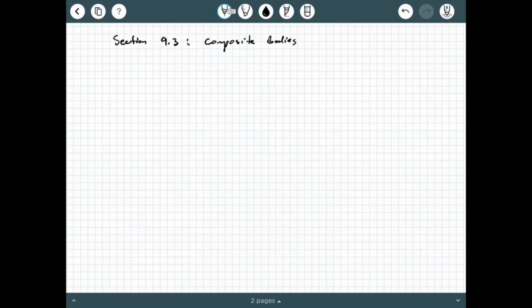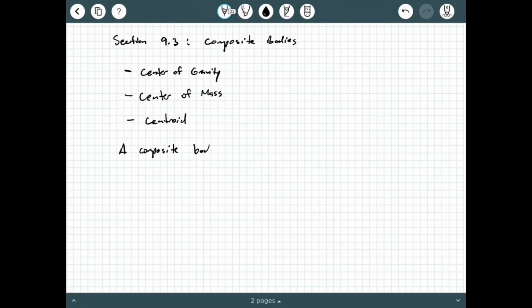Section 9.3, which is composite bodies, and this is computing the same values we discussed before: center of gravity, center of mass, and centroid of composite bodies. So what is a composite body?